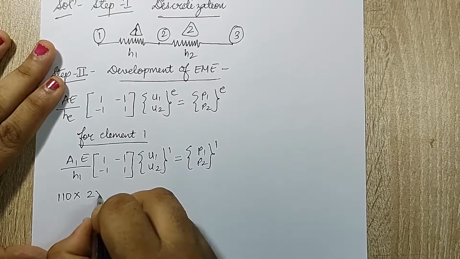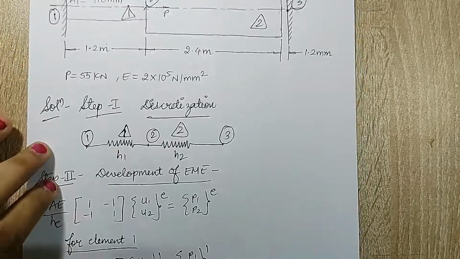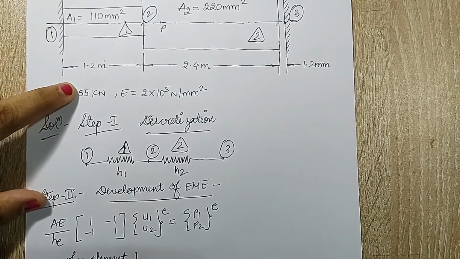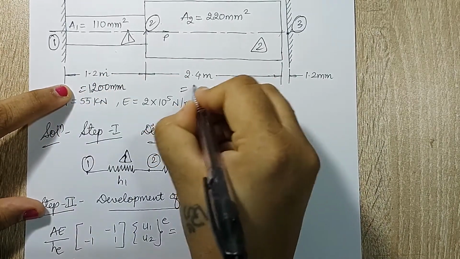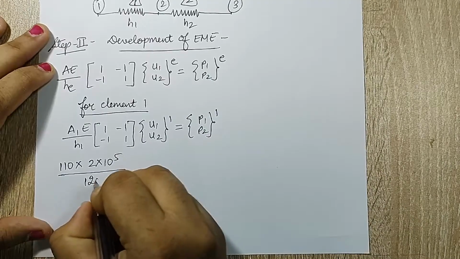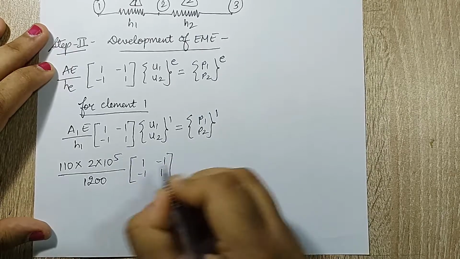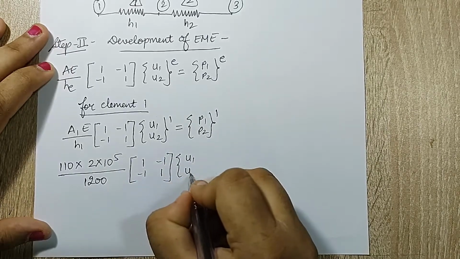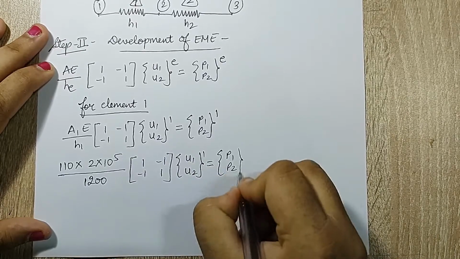E is given as 2 into 10 raised to 5. H1 is, okay, this is given as 1.2 meters. So I'll just write here 1200 mm, and this will be 2400 mm. Here I have 1200 times [1 -1; -1 1]. I'll have [U1 U2] raised to 1 is equal to [P1 P2] raised to 1.